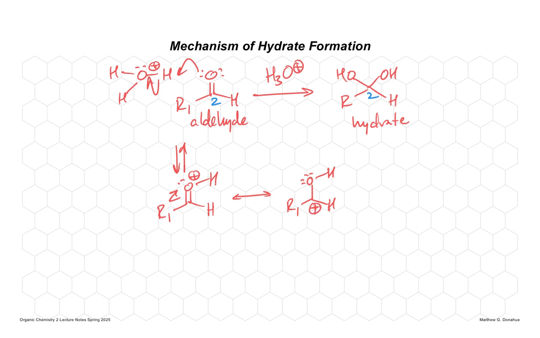So in that form, the carbon bears the plus charge. And so after we used hydronium as the acid, we generated water. And now water is the nucleophile that can attack that.